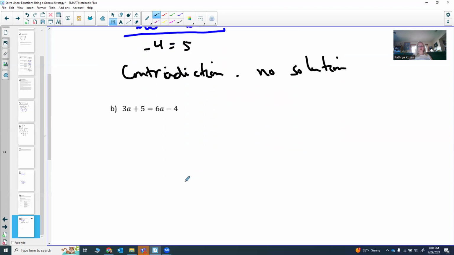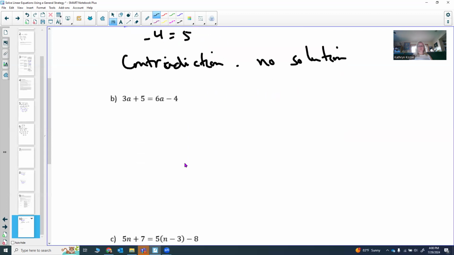Part B, let's try 3a plus 5 equals 6a minus 4. First, subtract 3a from both sides. That gives 5 is equal to 3a minus 4.